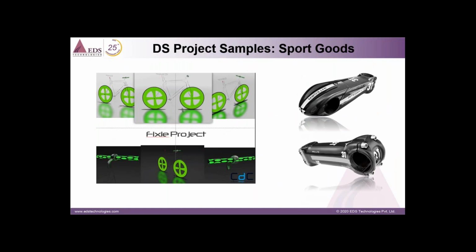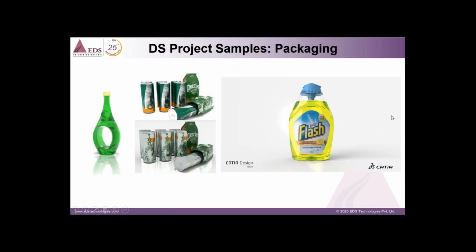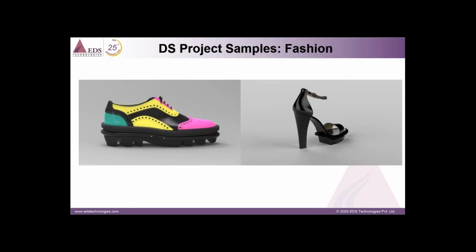I would like to just touch upon project samples and sport goods. This is not T&M or aerospace defense, but DS is doing the projects. Dassault Systems and EDS are doing projects on sport goods and furniture, packaging, consumer goods, fashion.